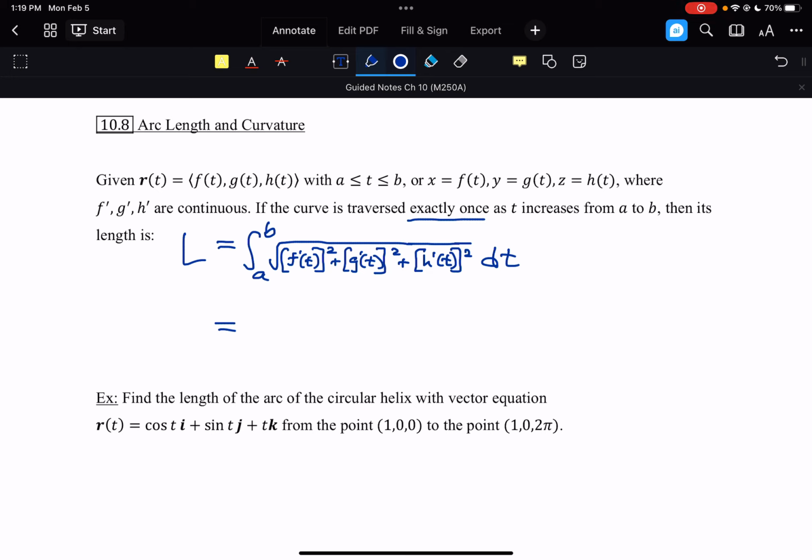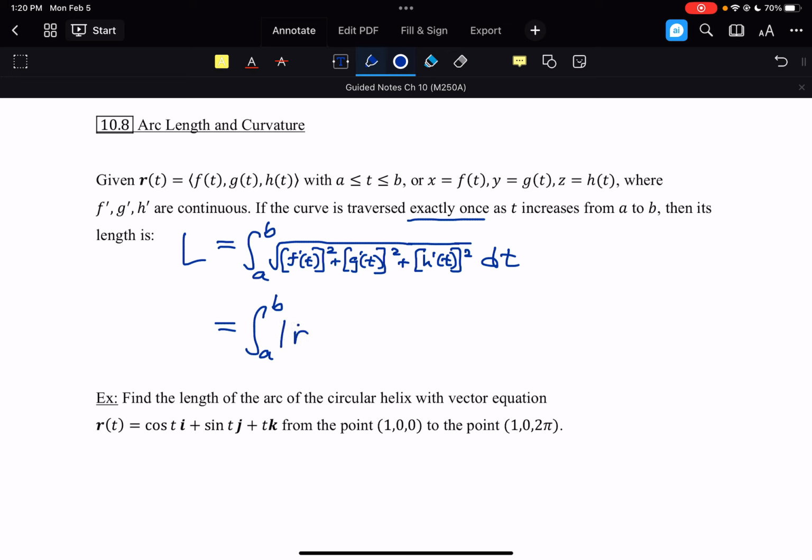This formula, when written in a shorthand form, is basically the expansion of the magnitude formula, right? You take the components of the vectors squared, add them, and take the square root. This is really just the formula for the length of r prime. If r is f, g, h, then r prime is f prime, g prime, h prime.